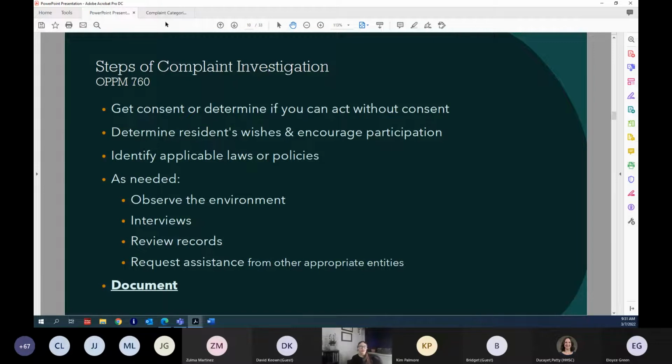The other thing that we'll have to do as ombudsman is to identify applicable laws and policies. This may be just something that you already know. So for example, a resident has a complaint for you about their shower time. You may know in your head that the TAC says the resident has the right to choose their own schedules and make choices and participate in their care.